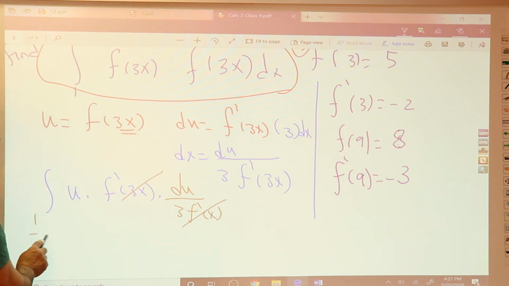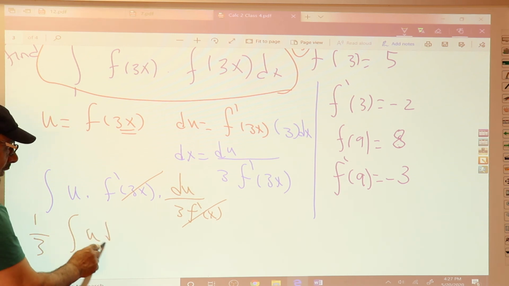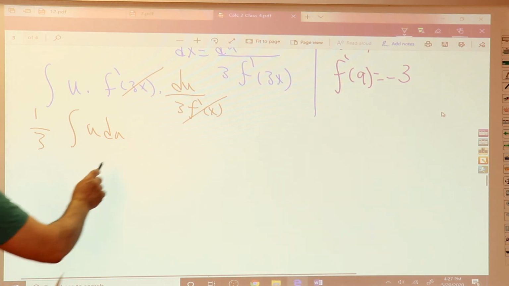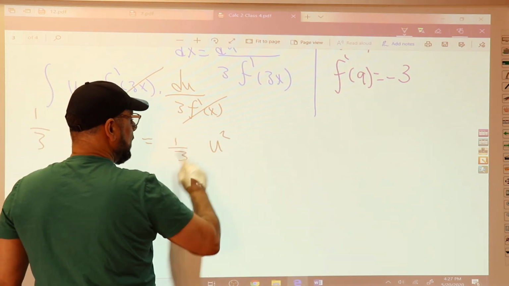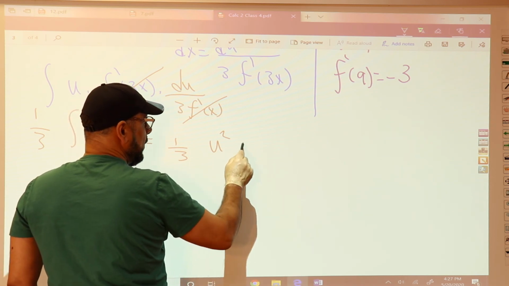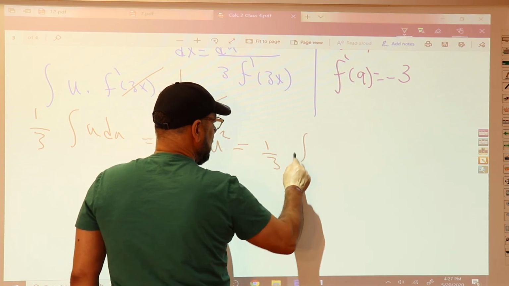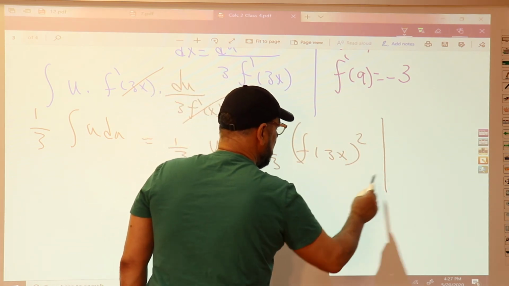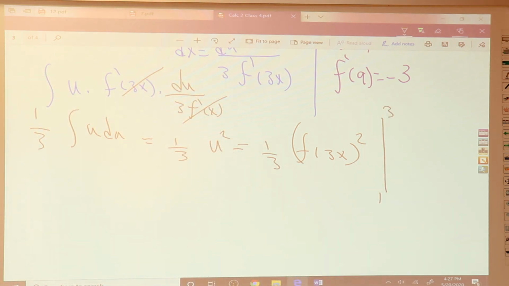The 1/3 goes out. Integration of u du equals 1/3 u squared, right? We don't have to add plus C here. So 1/3 f of 3x squared. From where to where is my limit? 1 to 3.